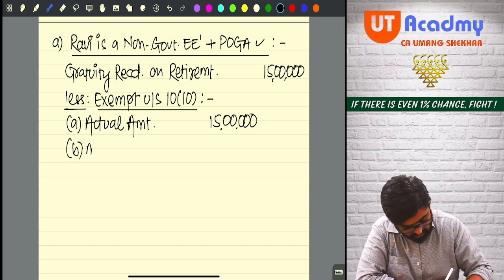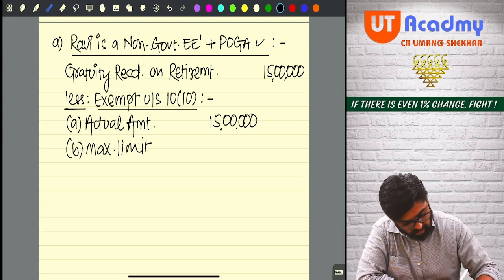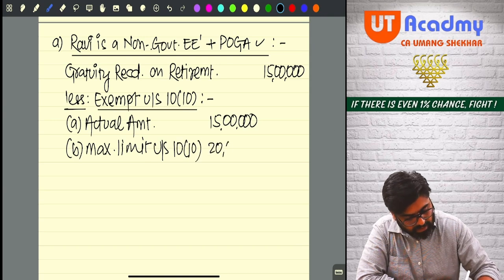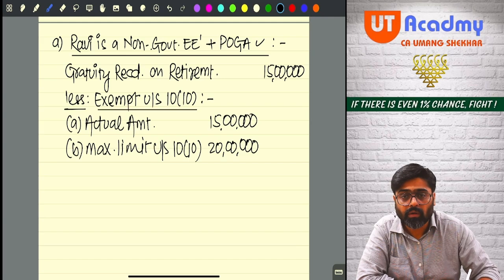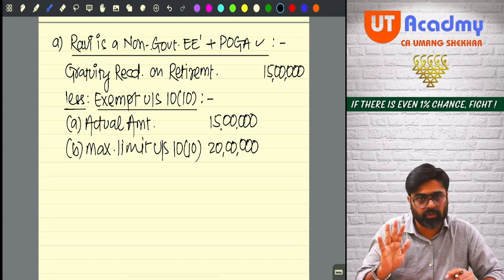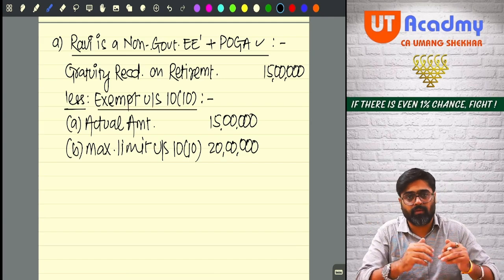B, maximum limit under section 10(10). The entire 20 lakh limit is available to him, yes or no? He has not taken exemption earlier. So this 20 lakh he is claiming for the first time.